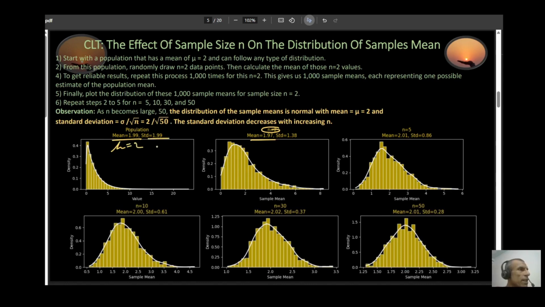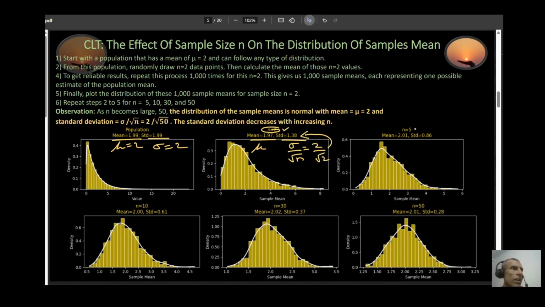My standard deviation in this case is almost 2. So this mean is almost the same as your population mean. What about your standard deviation? Your standard deviation is almost the same as sigma divided by root n, where sigma is the population standard deviation. This is going to be 2 divided by root 2, right? Because this is your 2 right here. And the answer is 1.38.